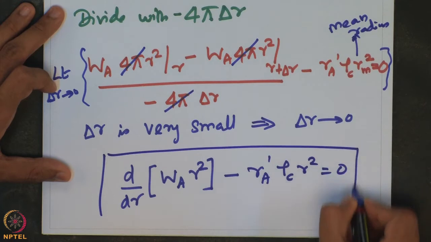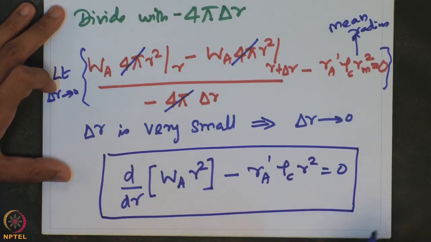This is the steady state mole balance for species A, which is undergoing internal diffusion along with the reaction. Recall that the reaction is also happening simultaneously at every location, every inside surface where the catalyst is present.